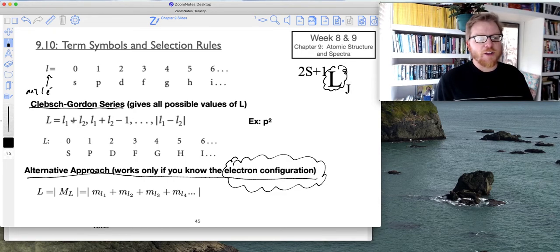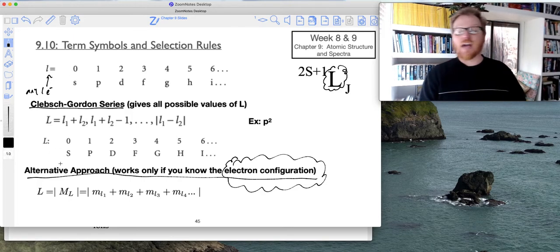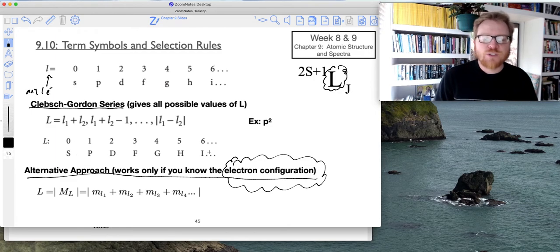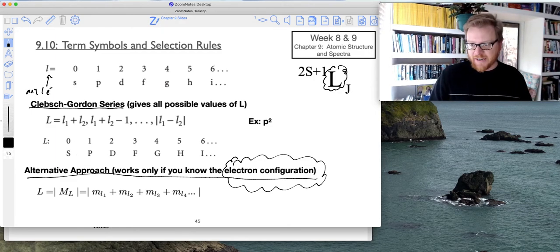And depending on the number that we get, if we get a total capital L to be 0, we use a capital S. If we get L to be 1, we use a capital P, and then a capital D, and so on. So it mirrors the lowercase l. However, this is our total L value, and we use uppercase letters to indicate that.